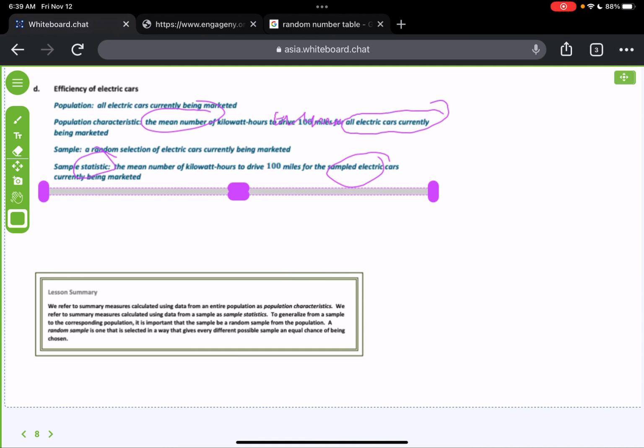And it also has to be representative of the population. That way you don't have any bias. A random sample is one that's selected in a way that gives every different possible sample an equal chance of being chosen. That's what I'm talking about. You can't have any bias there.